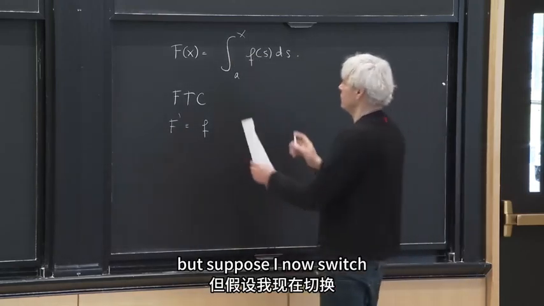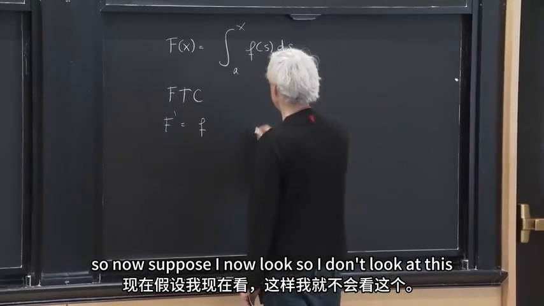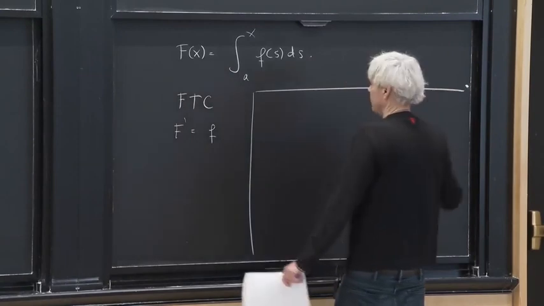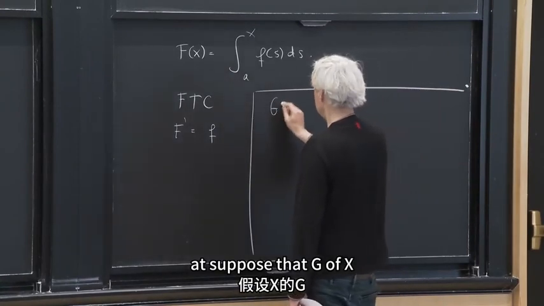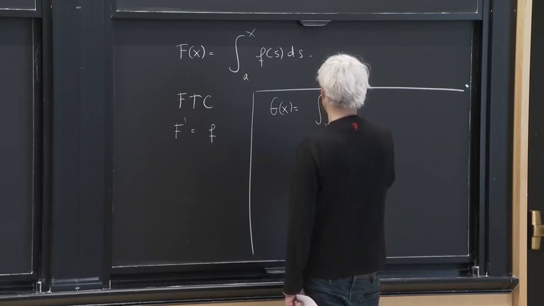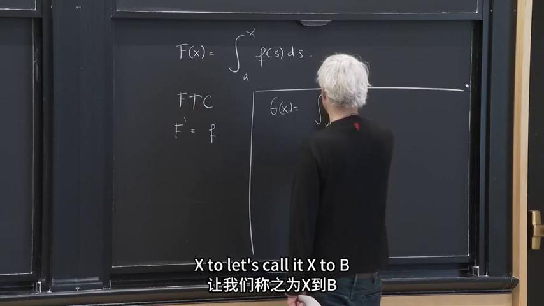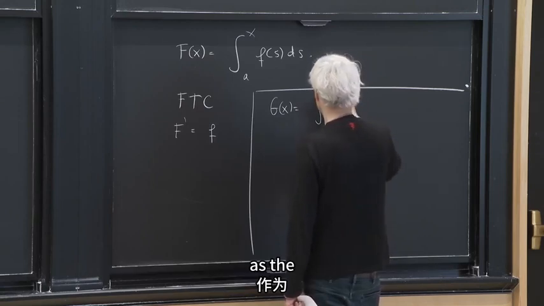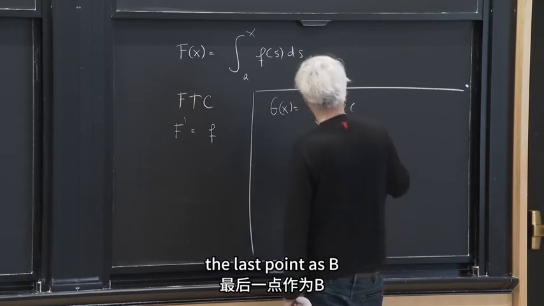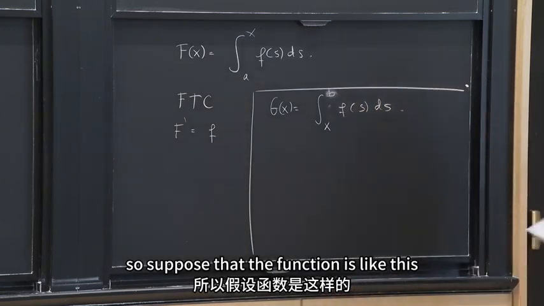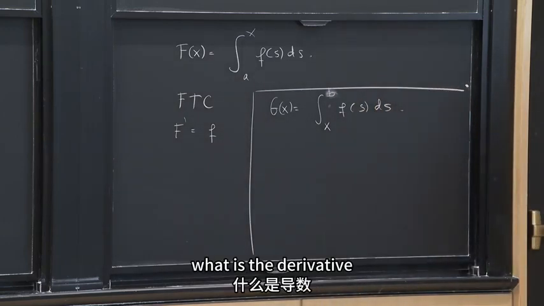But suppose I now switch. Suppose that g of x is the integral from x to b, just because we usually have the end point as b. What is the derivative?